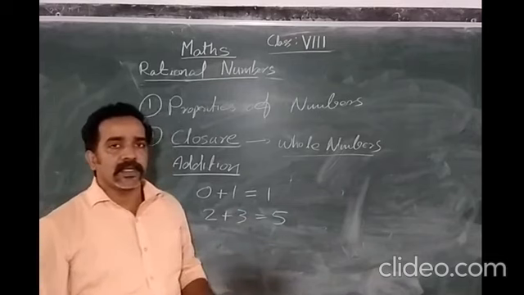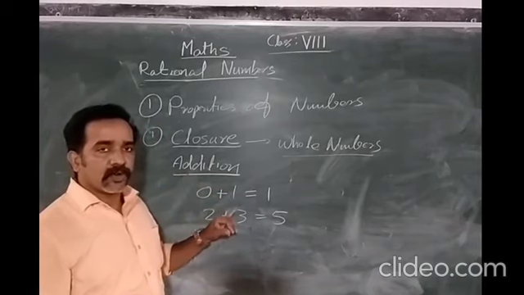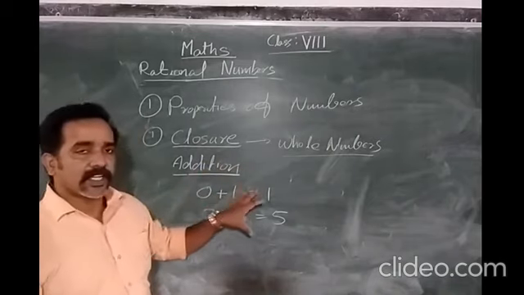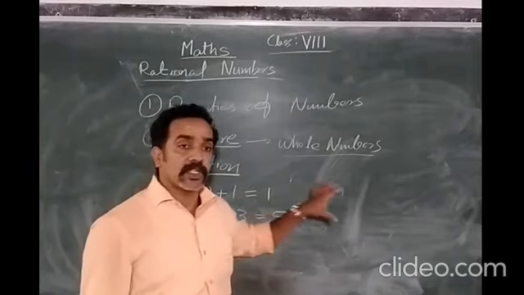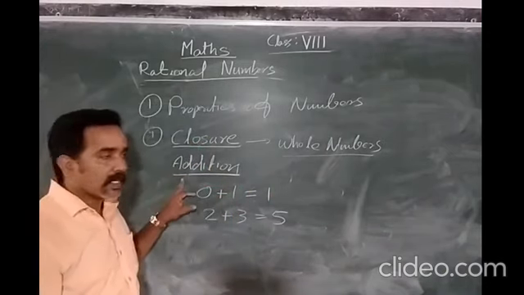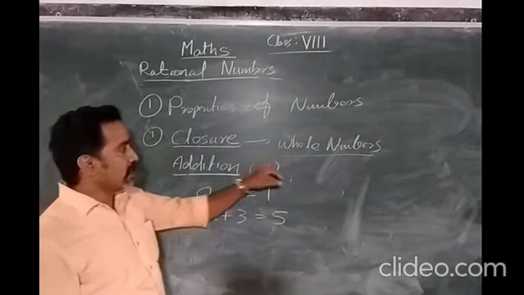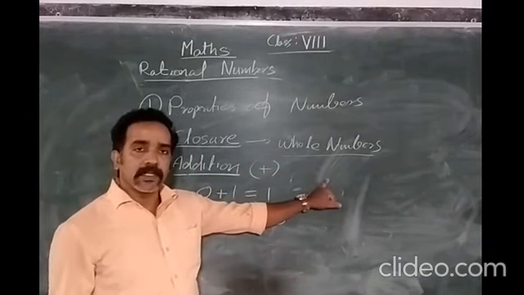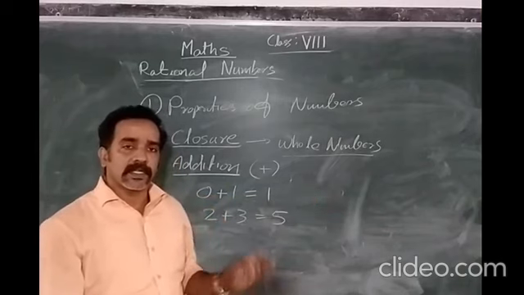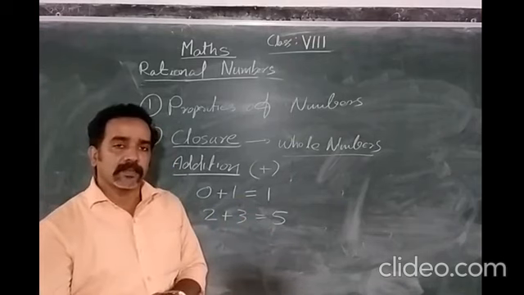That property of whole numbers along with addition means addition is closed in the set of whole numbers. To check whether whole numbers are closed under addition, you take any two whole numbers, add them, and check that the sum is a whole number.